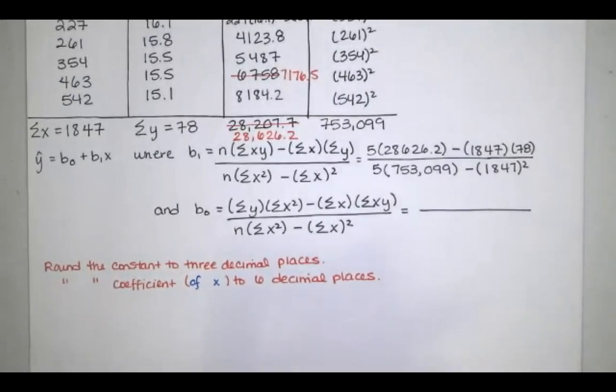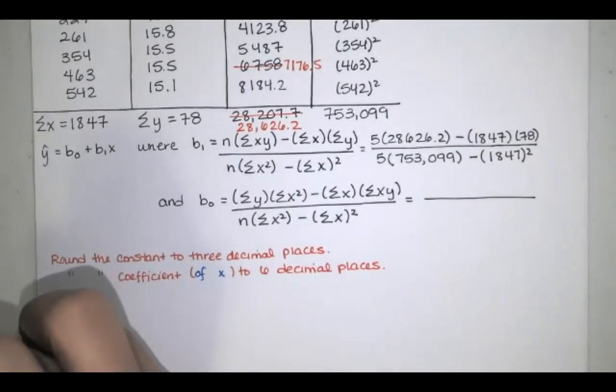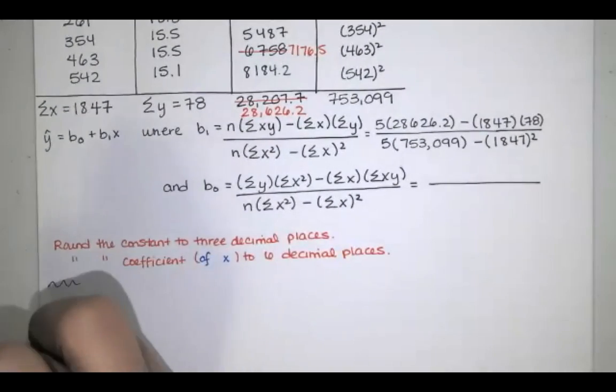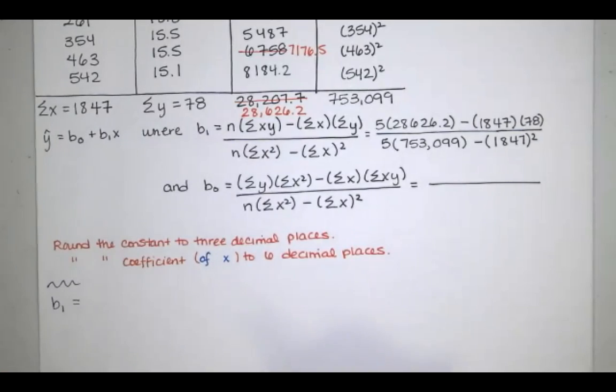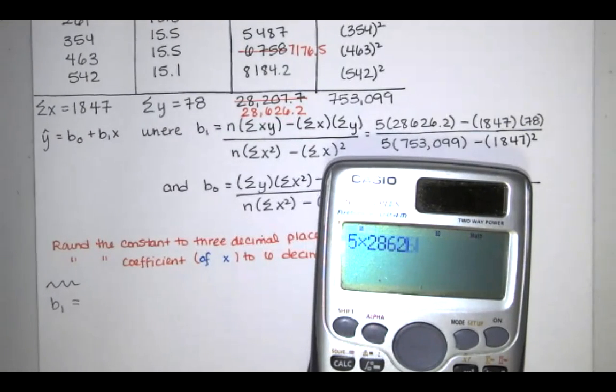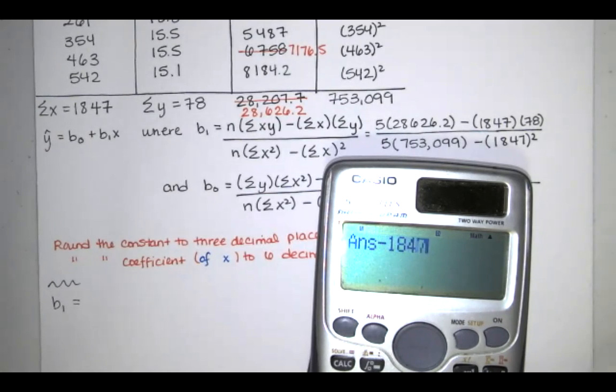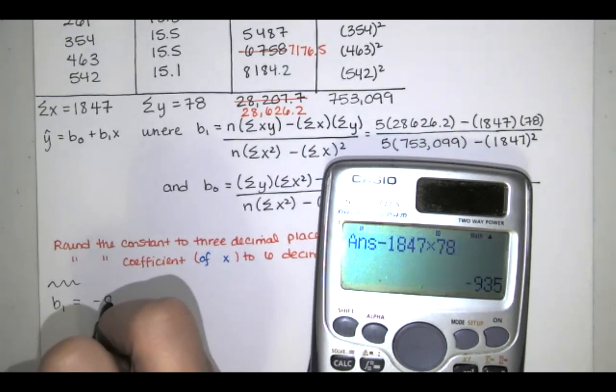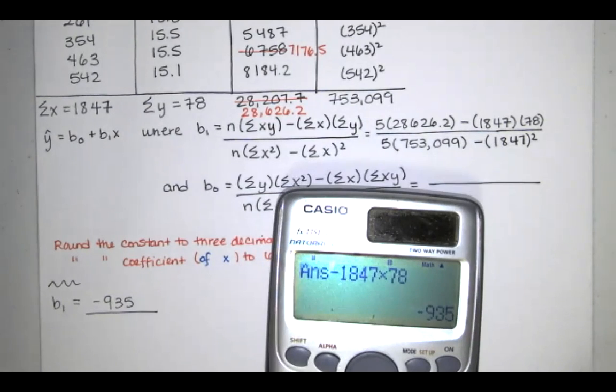And I didn't quite leave myself enough room over there, so I'm going to continue my work down here. And I'll do the numerator first. So I have 5 times 28,626.2 minus 1847 times 78. So the numerator is negative 935. And let's see what the denominator is.